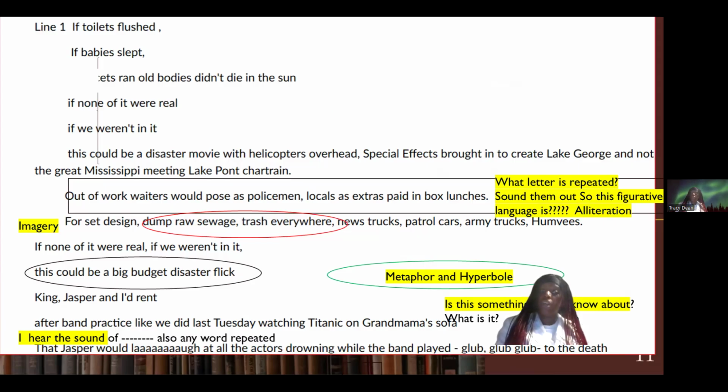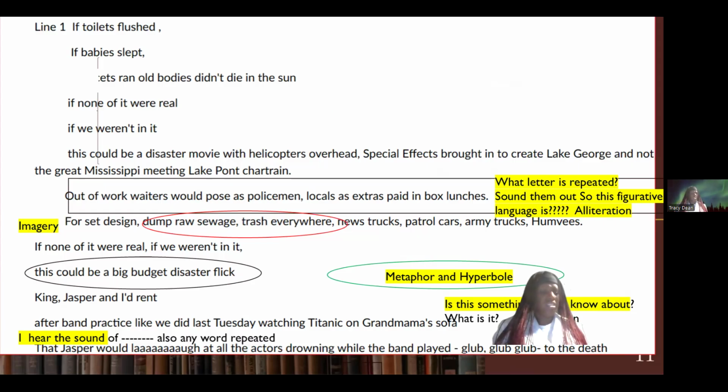This one could also be a hyperbole. Why? This is kind of an exaggeration. It's a big budget disaster flick. This could be a hyperbole.